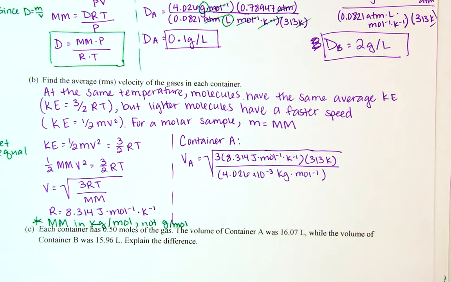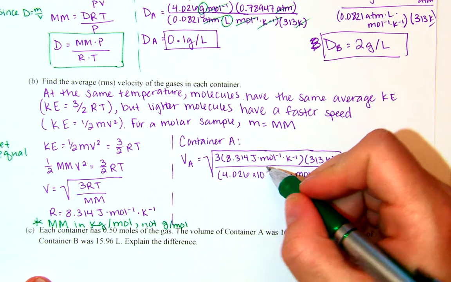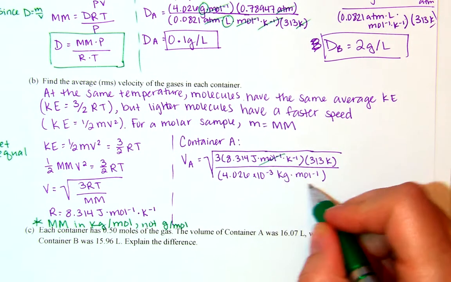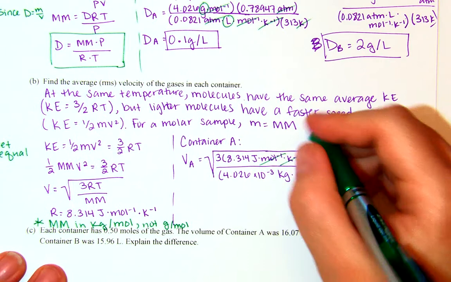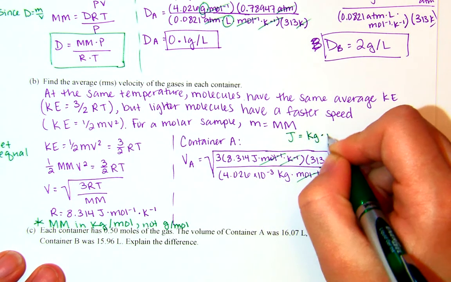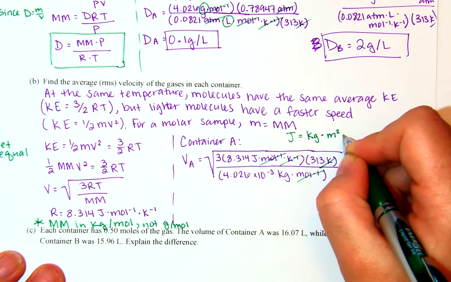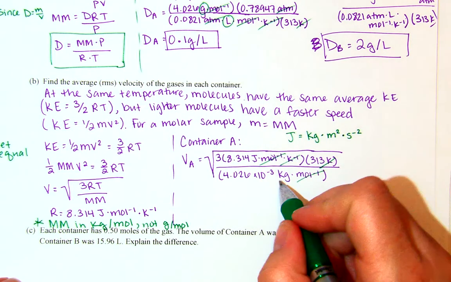Okay, so canceling everything out, we cancel out our moles, our inverse moles cancel, our kelvins cancel. Now the units of joules are kilograms times meter squared times inverse seconds squared.